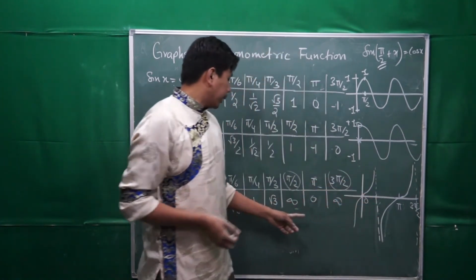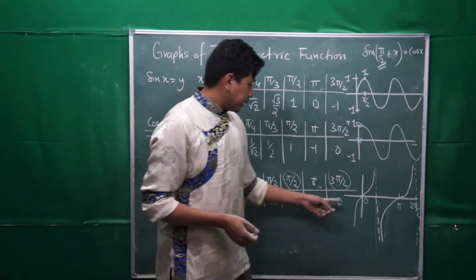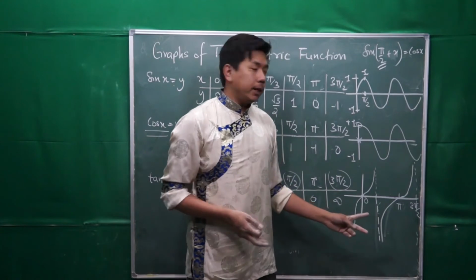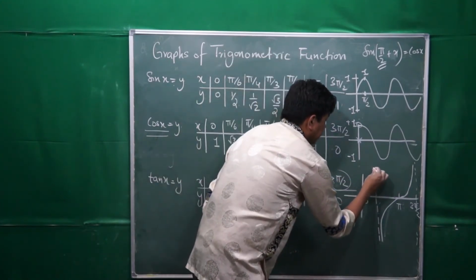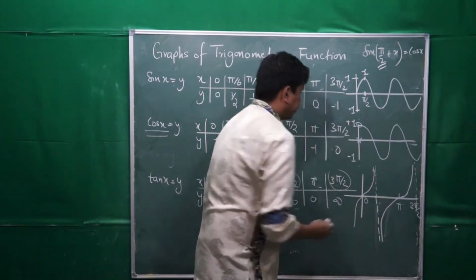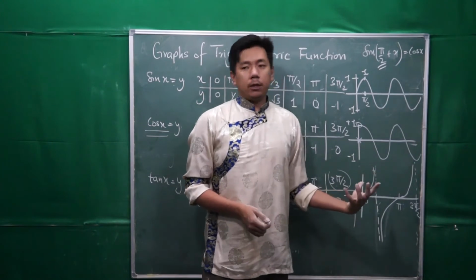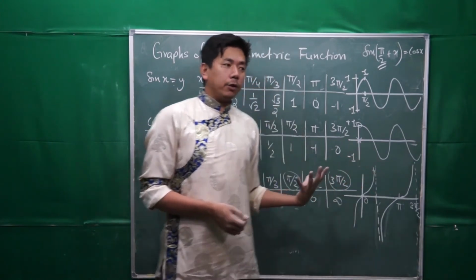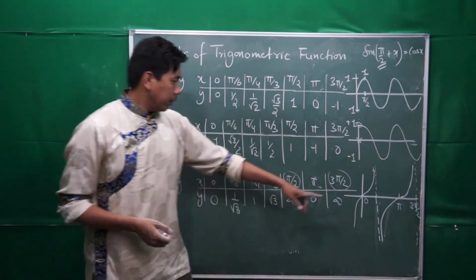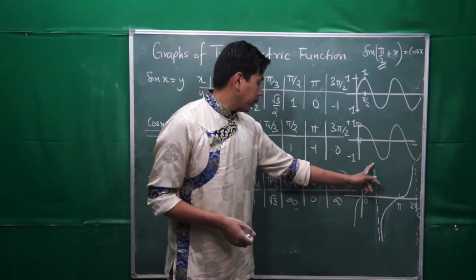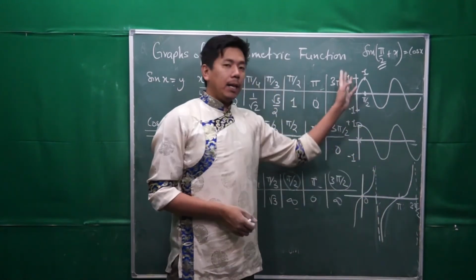At 90, it gets a value of infinity. Since I cannot show infinity in the graph, I won't be joining it with the 90 degree line because the value is not valid. So this line keeps on going in this direction and does not meet the 90 degree line.